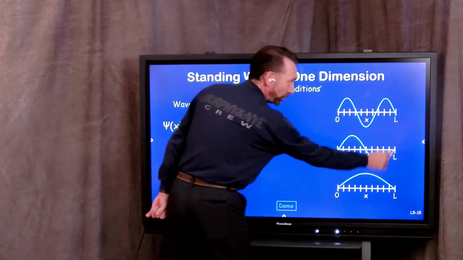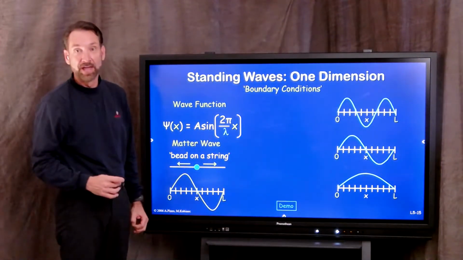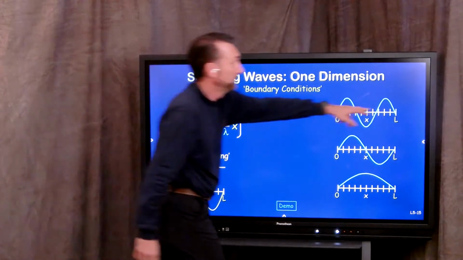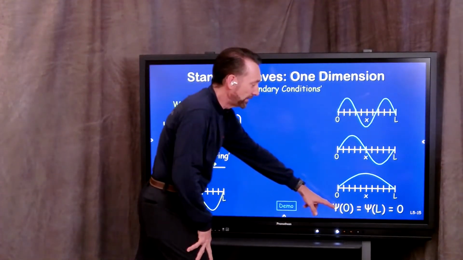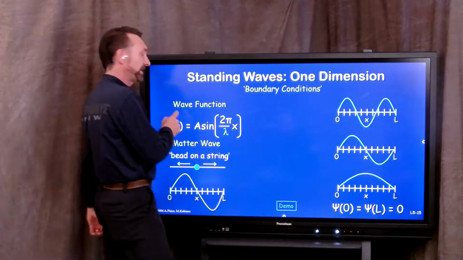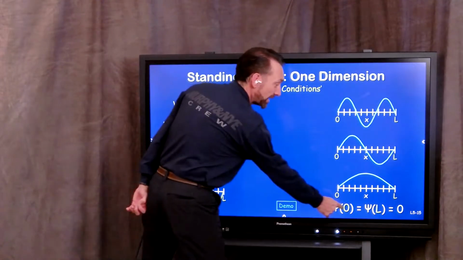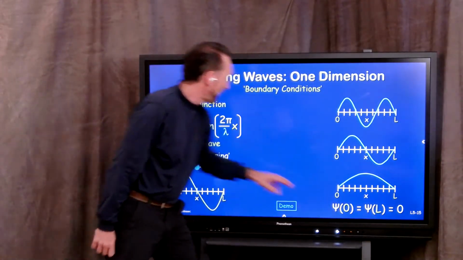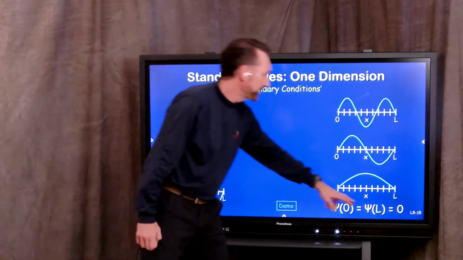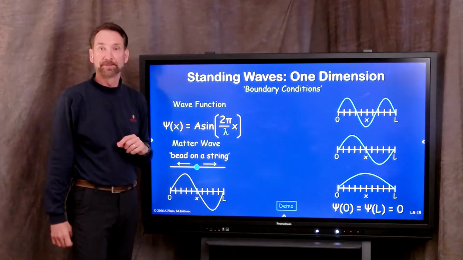You can have a full wavelength. You can have 1.5 wavelengths, because those all have 0 at both ends. So a feature of our particular wave function is it's got to be 0 at both ends. If I put 0 in here, I have to get 0. And if I put L in here, I have to get 0 for the value of x.